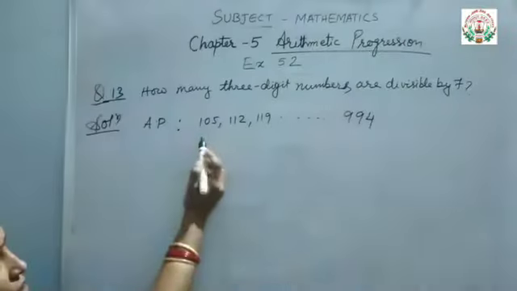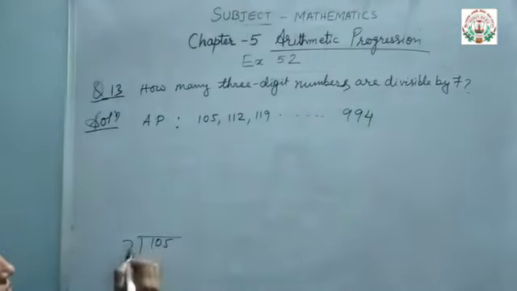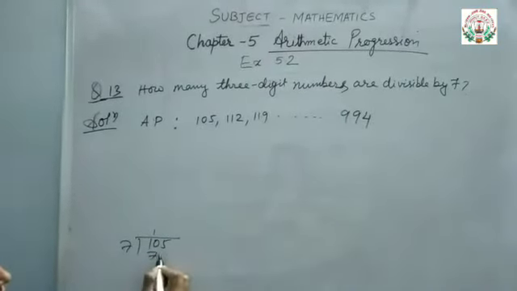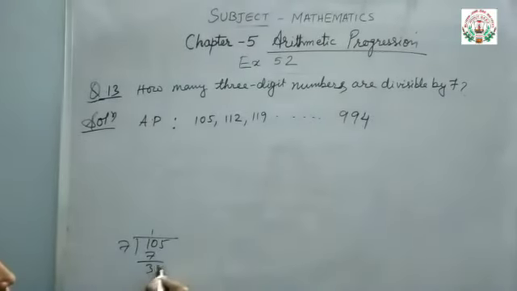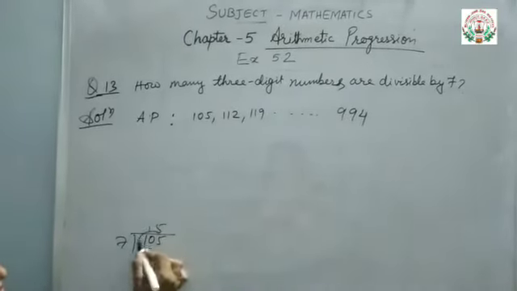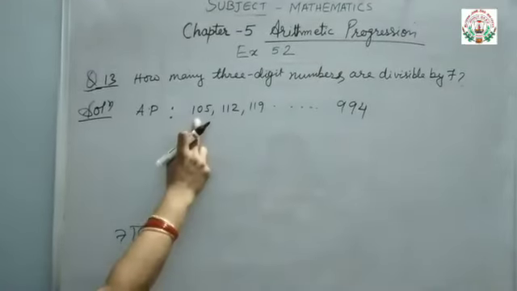So how can you come to know that 105 divided by 7 is divisible? 7 ones are 7, and 7 fives are 35. So the first 3-digit number divisible by 7 is 105.